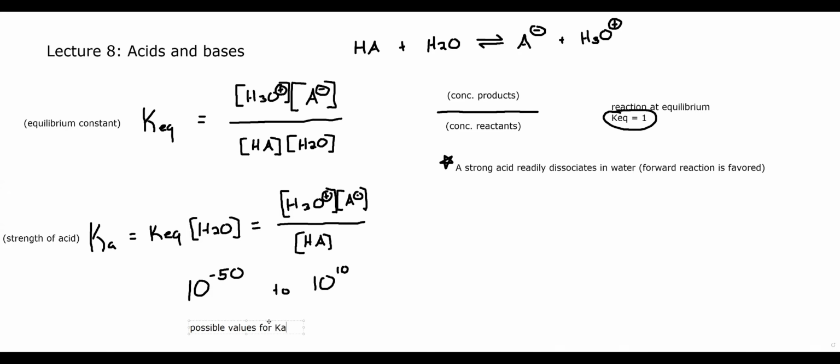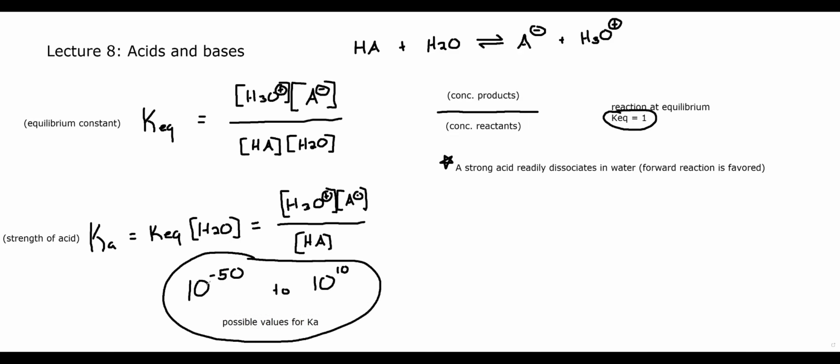We have such a wide spread of numbers, where 10 to the negative 50 would be a very weak acid, and 10 to the 10 would be a very strong acid. Again, because a strong acid will favor the formation of the products, H3O plus and A minus.